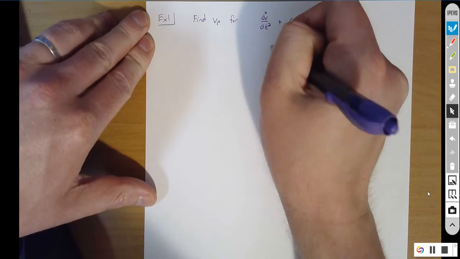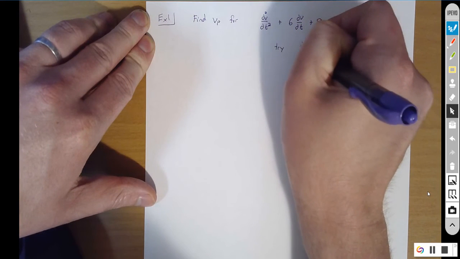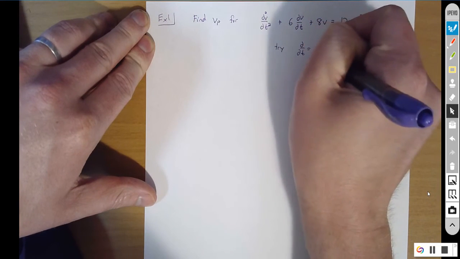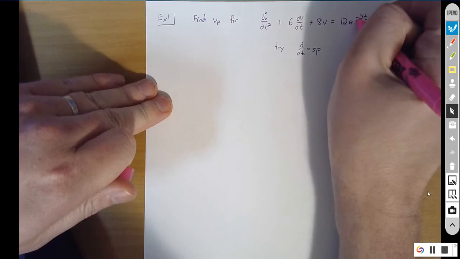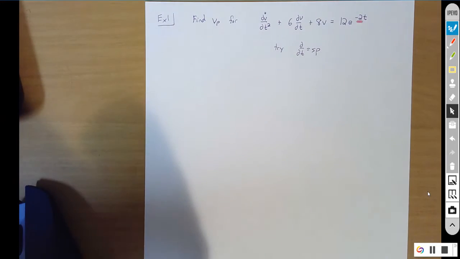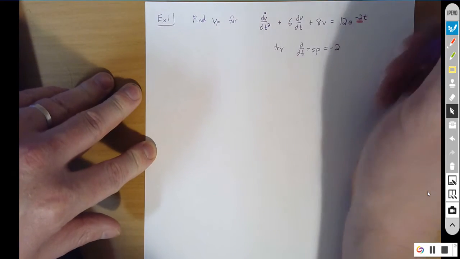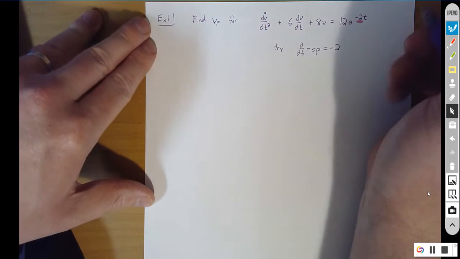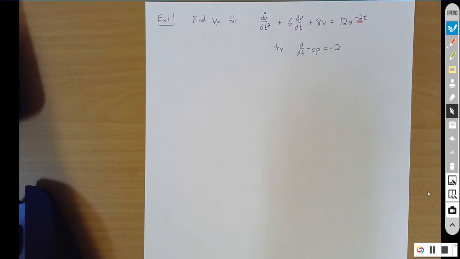So let's try substitution. Try setting all of our d/dt's equal to SP. SP is negative 2. You can see that by looking up here. It's already in the Ke to the SPT form. So we'll stick a negative 2 in there for all of those.